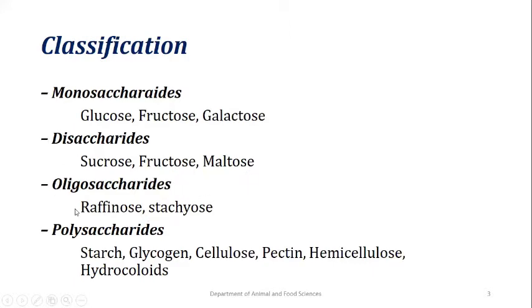Usually, we call carbohydrates which have 3 to 9 monomer units oligosaccharides. Exceeding 9 monomer units in a carbohydrate, we call it a polysaccharide. These are the basic classification of carbohydrates. I think this is clear for you.